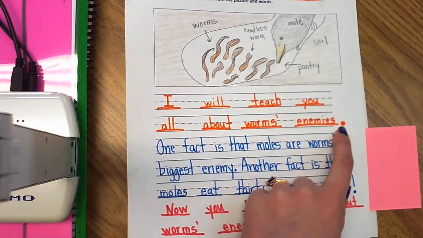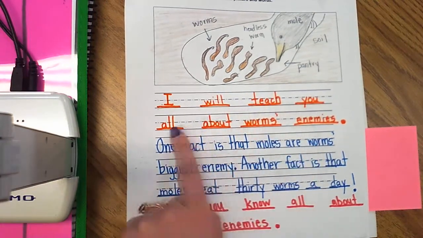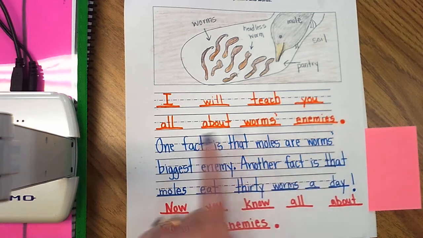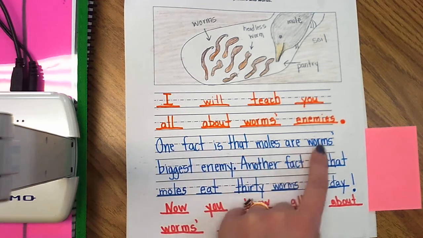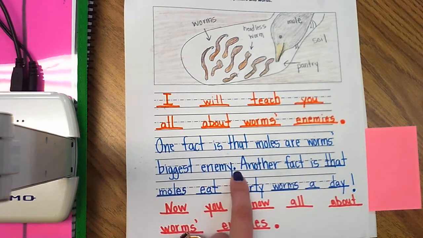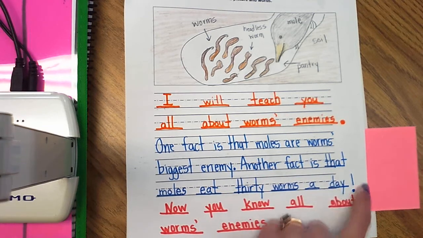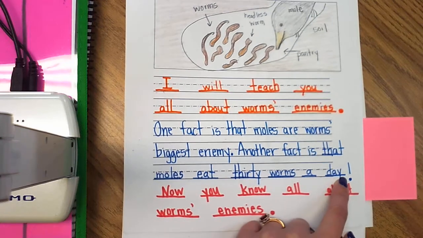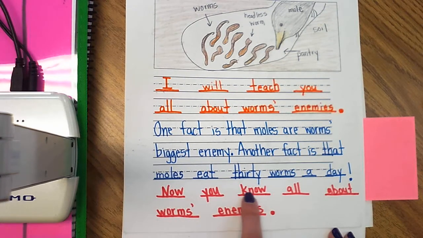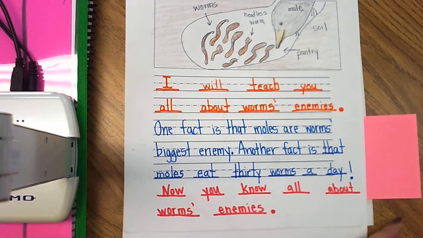Let's see, at the end of my first sentence, period. I will teach you all about worms' enemies, period. One fact is that moles are worms' biggest enemy, period. Another fact is that moles eat 30 worms a day, exclamation point, which is kind of serving like my period to tell my reader my sentence is over. Now you know all about worms' enemies, period.